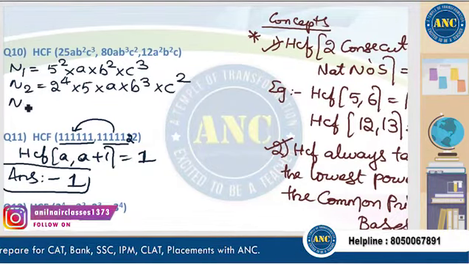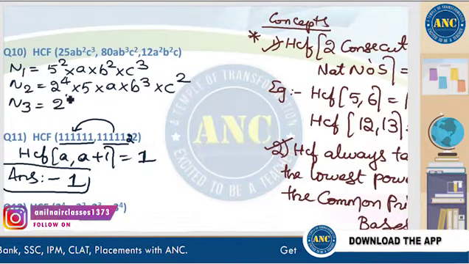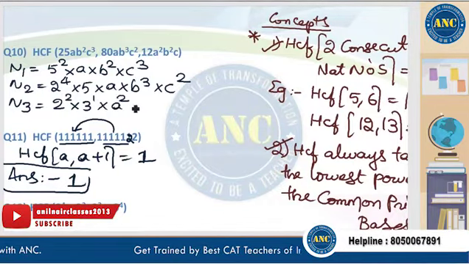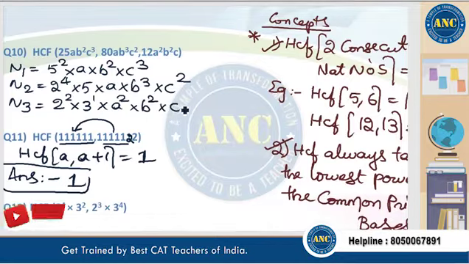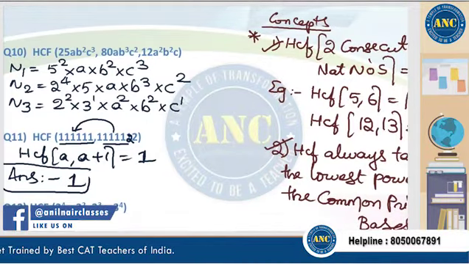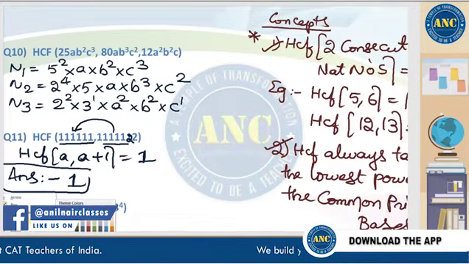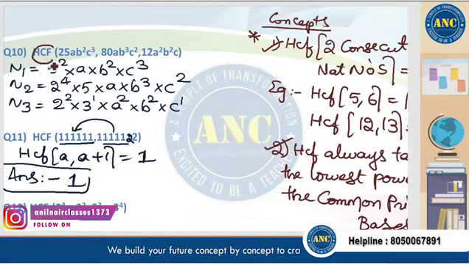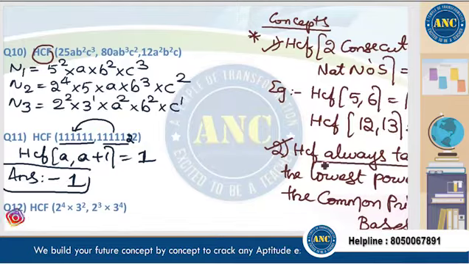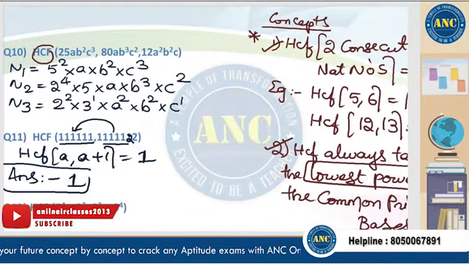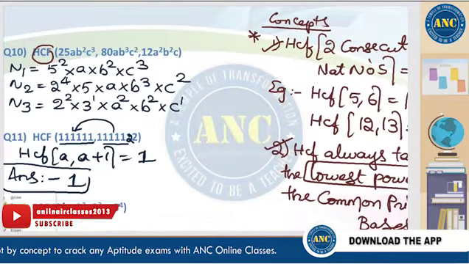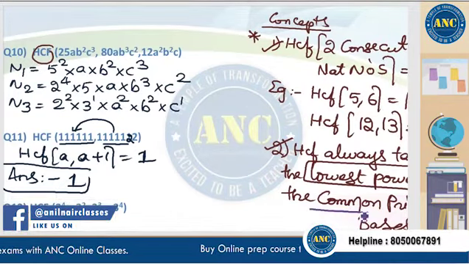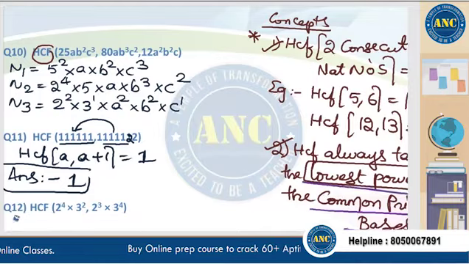N3 is 12 in prime factors: 2 square into 3 into A square into B square into C. How to find the HCF when prime bases are given? HCF always takes the lowest power of the common prime bases.